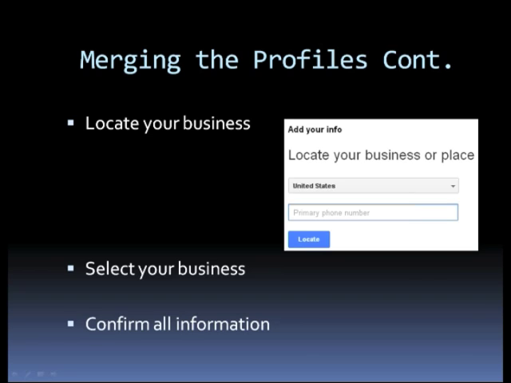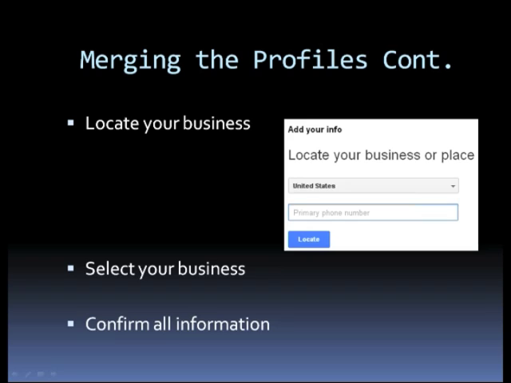The next step is, once you've selected that category, you're going to have to locate your business. The easiest way to do that, and basically the only way, is you're going to enter your primary phone number. Use your local phone number. What this does is allow Google to match up your Google Plus local listing to your new Google Plus business listing.